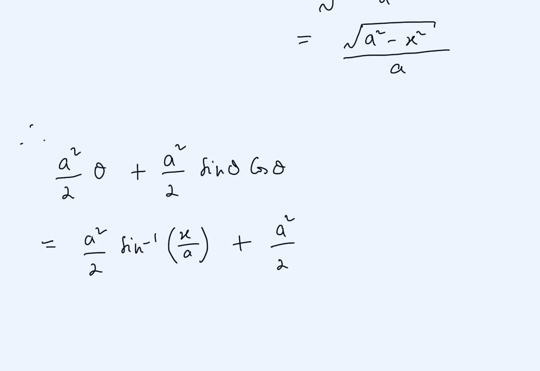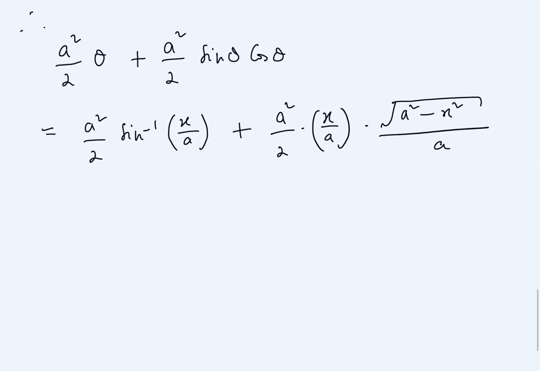In place of sine theta again, we are going to put x over a. And then in place of cos theta, we're going to put the square root of a squared minus x squared divided by a, because we've shown that cos theta is equal to that in terms of x. So that's basically what we get.